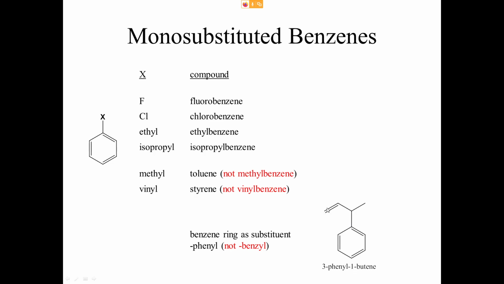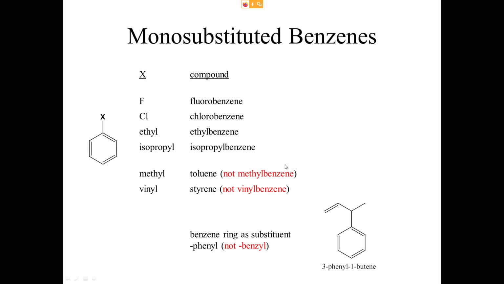And on number 3, I have a benzene ring. A benzene ring as a substituent is called phenyl. It's not called benzyl. We save that for something else we'll talk about later. But a benzene ring as a substituent is called phenyl. It's hard to say if you're from the south. So it's 3-phenyl-1-butene, and the phenyl is on number 3 because it could have been elsewhere.